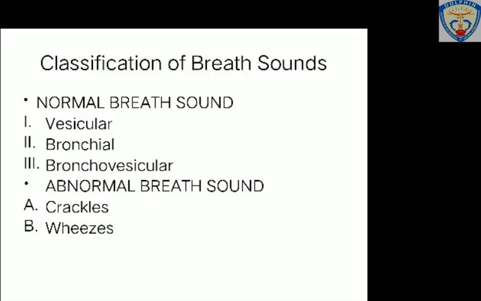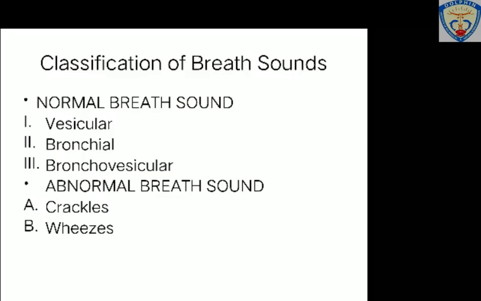Now coming to the abnormal breath sounds or adventitious breath sounds. Two breath sounds are there: crackles and wheezes. Crackles are basically fine, discontinuous sounds. They can be fine or coarse and are heard primarily during inspiration as the result of secretions moving in the airways or in the closed airways that are rapidly reopening.